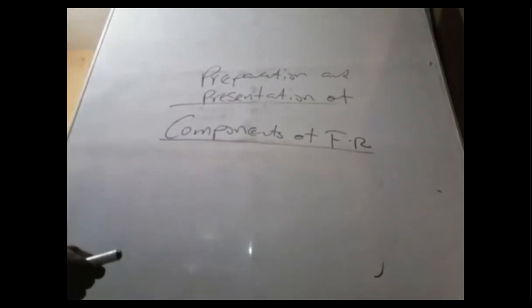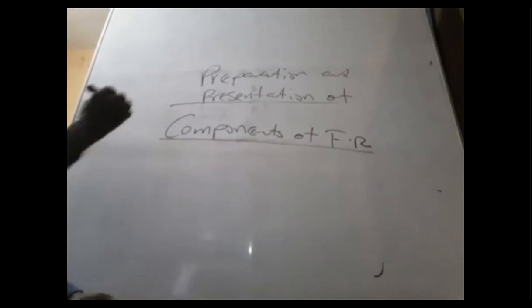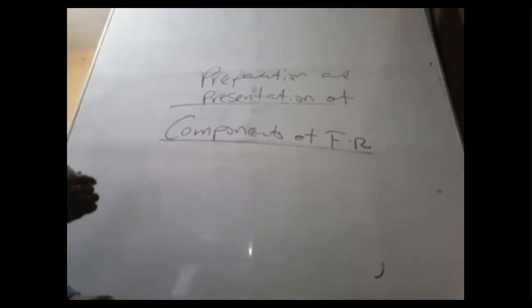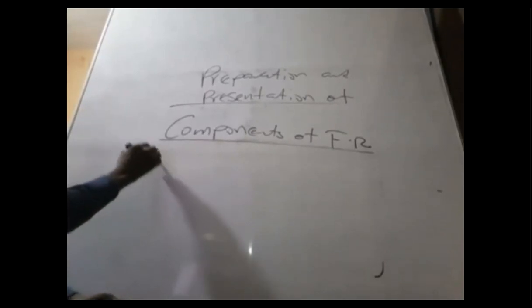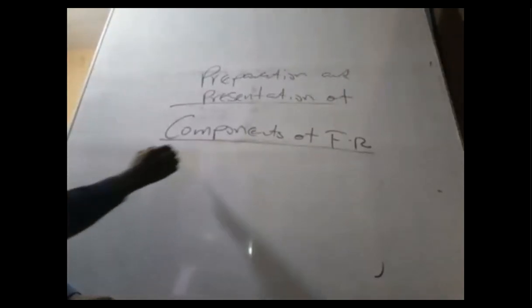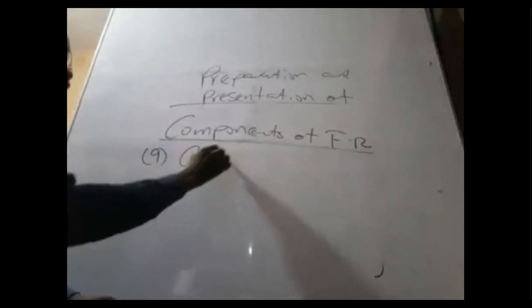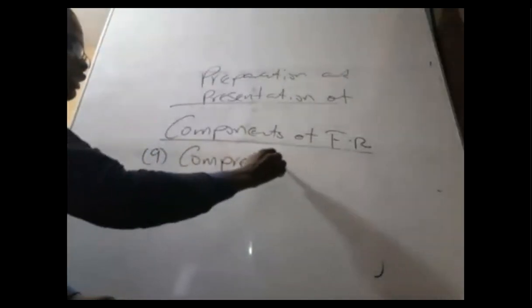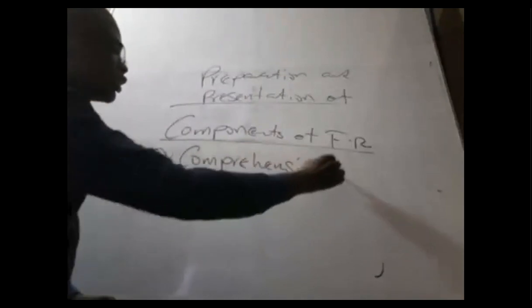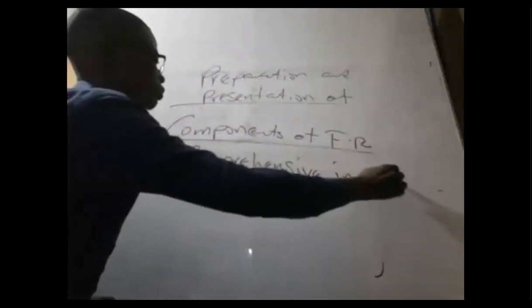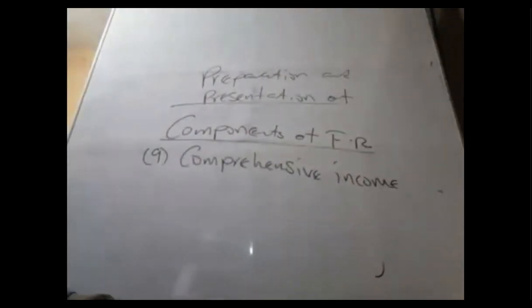The examiner says there are 5 components. A, we call it comprehensive income.